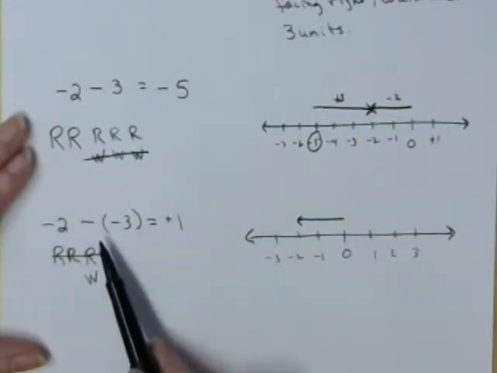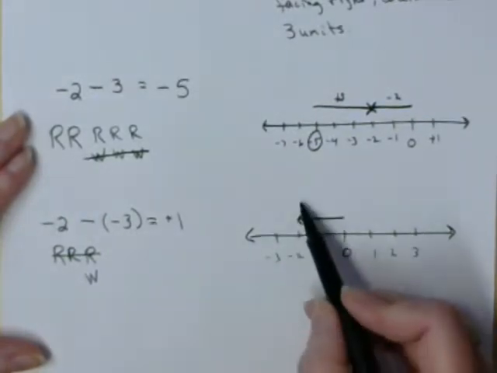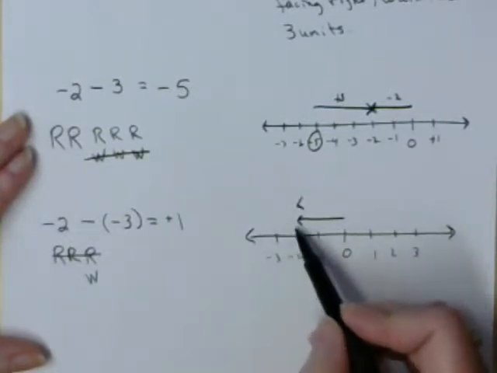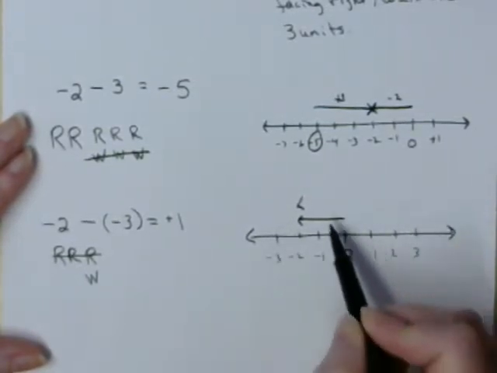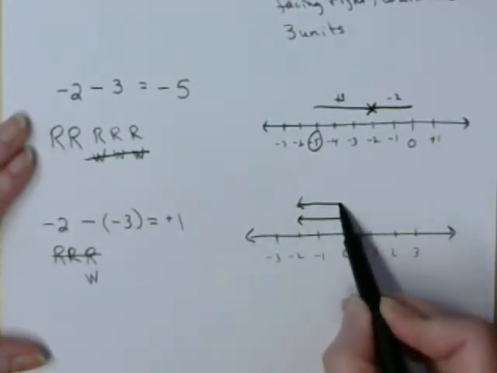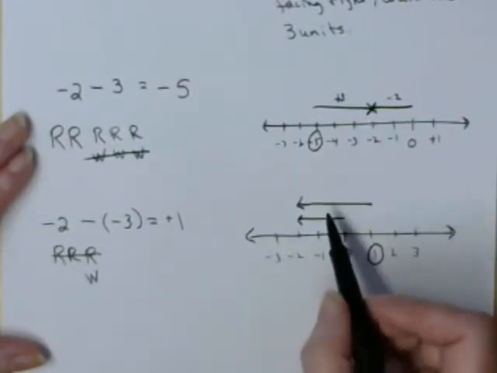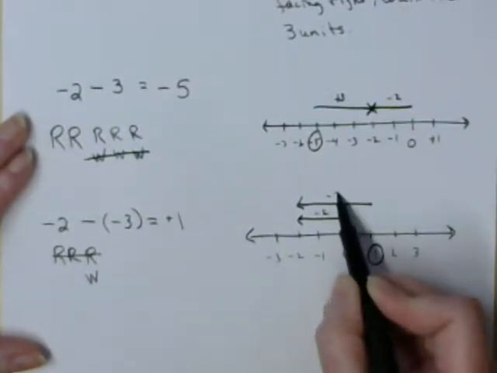Now we want to walk backwards 3 units facing the negative direction. So I'm facing the same direction, so I hop up so that I don't have a problem with what I'm doing. So I don't want to back over something that I've already written. I want it to be clear. And then starting from this point, I'm going to back up or take 3 backward steps up here to positive 1. So this is my negative 2, this is my negative 3.